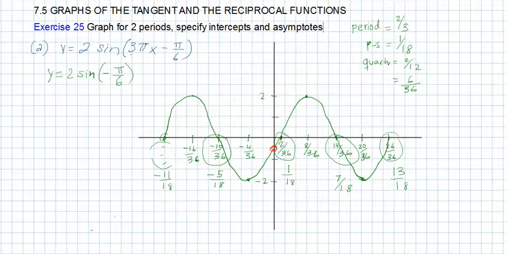So this is the same thing as y equals minus 2 sine of pi over 6. I know that sine of pi over 6 is equal to 1/2, so now I have minus 2 times 1/2, so that's equal to negative 1. And that should be equal to negative 1.